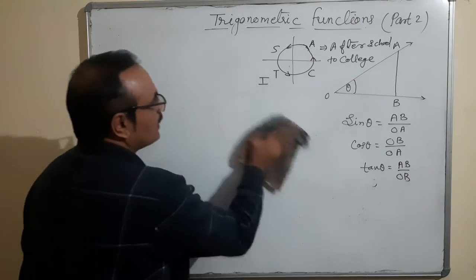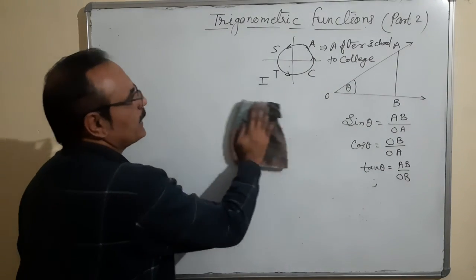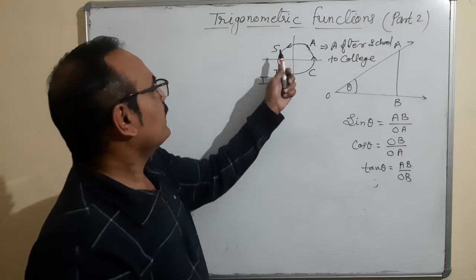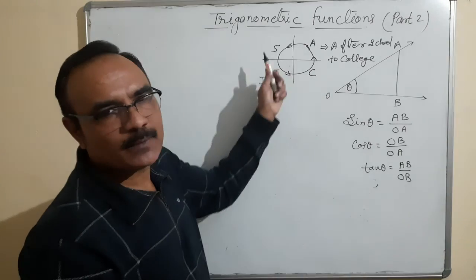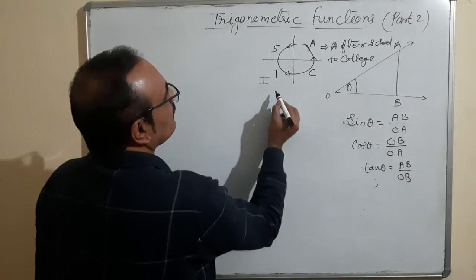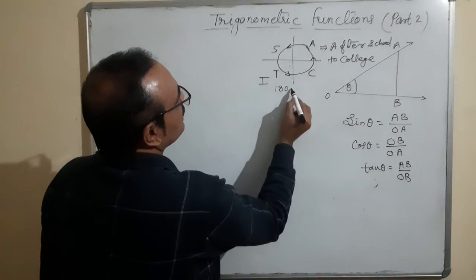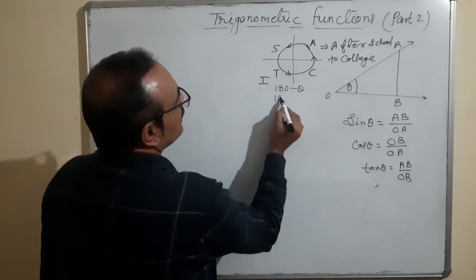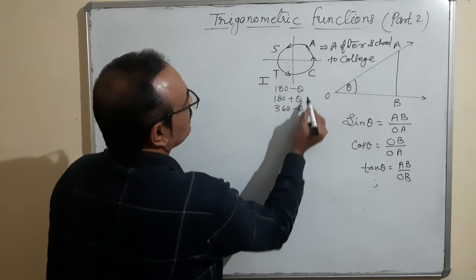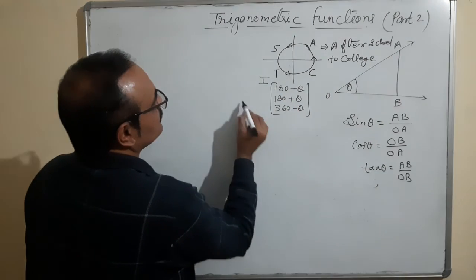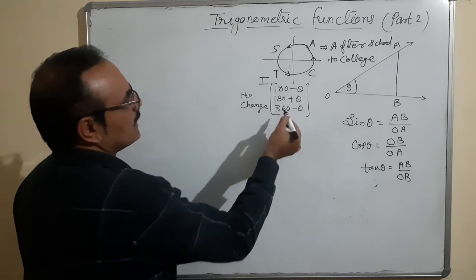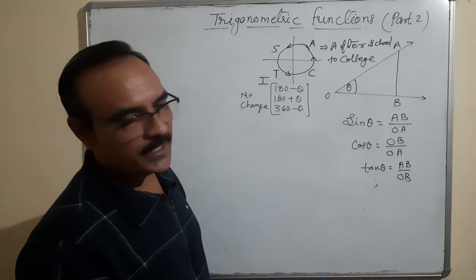In your mind you are remembering some things, like one is this: after school to college, A, S, T, C, they are positive. And for 180 minus theta, 180 plus theta, 360 minus theta, there is no change. Sine, cos, tan remain the same like we have done.